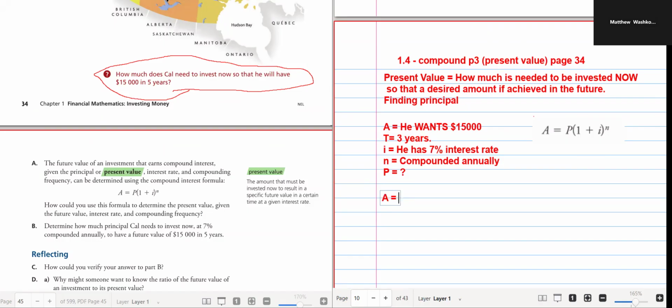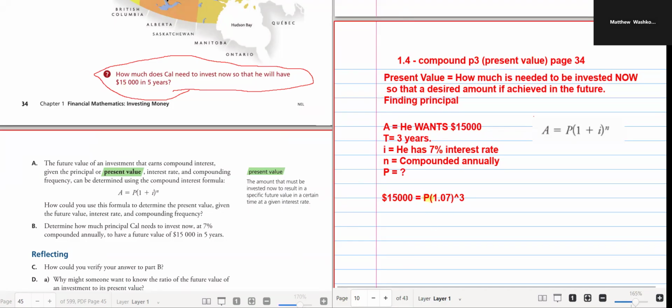Specifically, I'm just going to substitute in the stuff I know. $15,000 is equal to, I'm trying to find P, 1 plus 0.07, all to the power of 3. What I need to do is get P by itself.